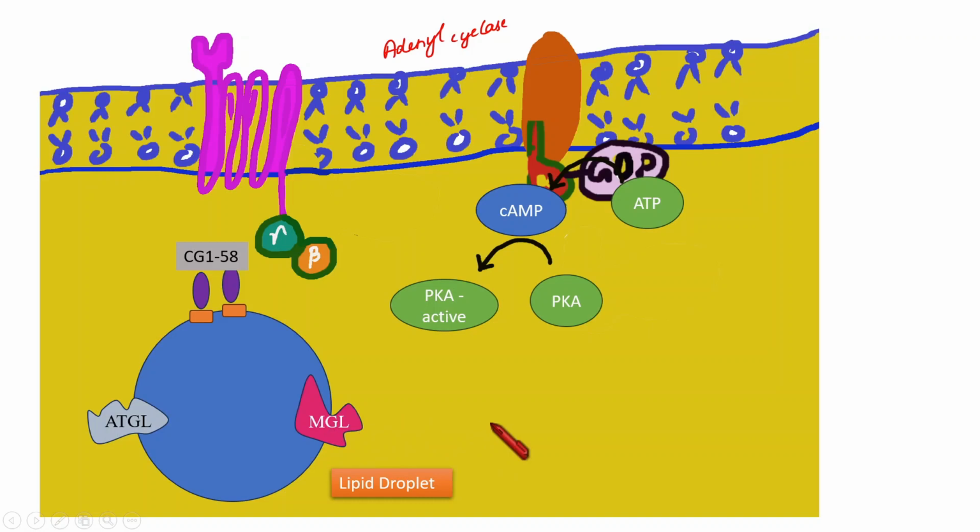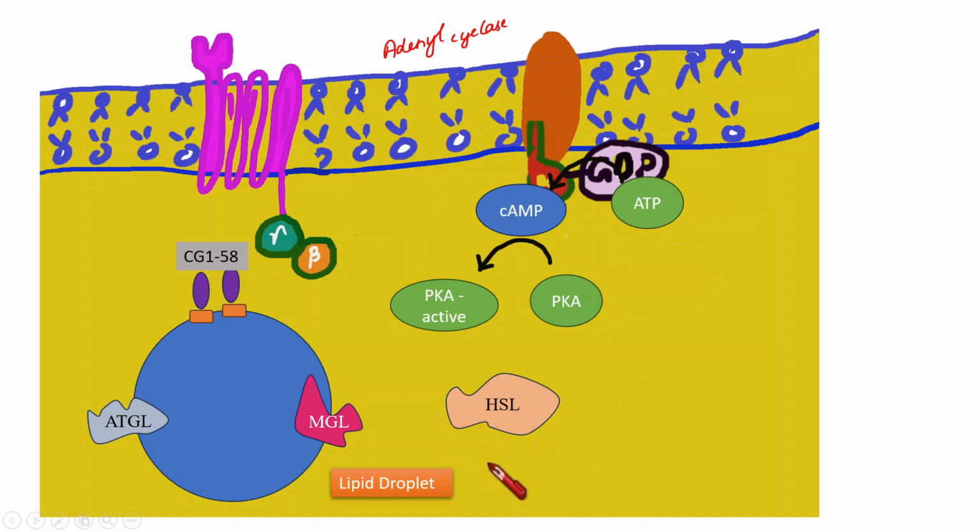The other one, HSL, hormone sensitive lipase, is present in the cytoplasm of the adipose cell, in an inactive stage.